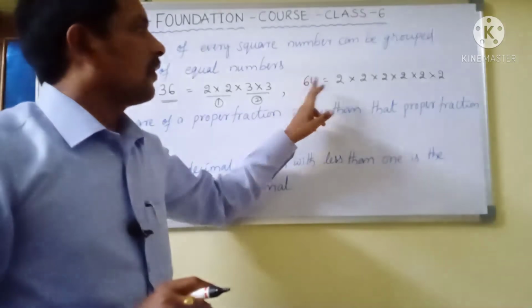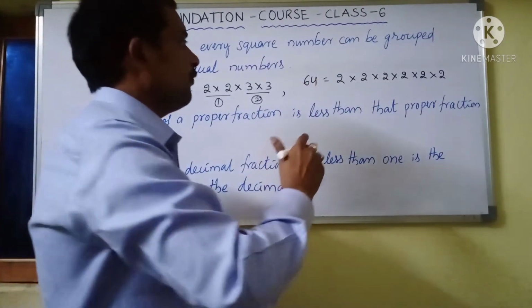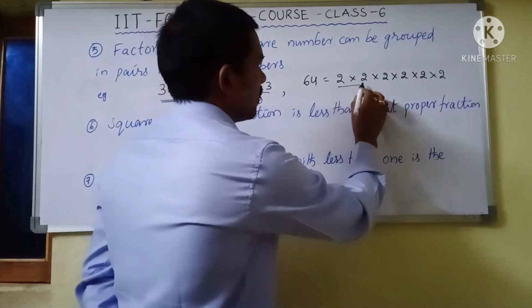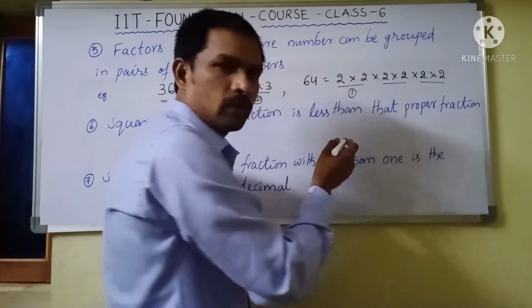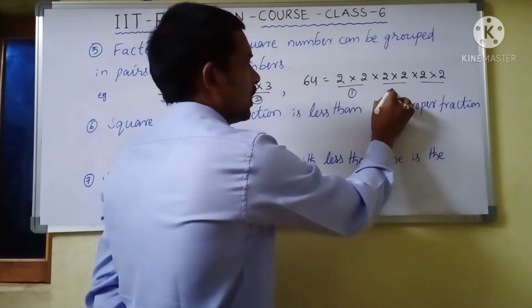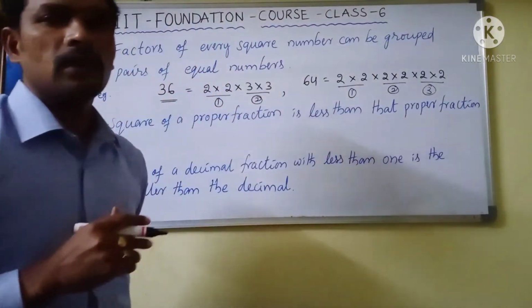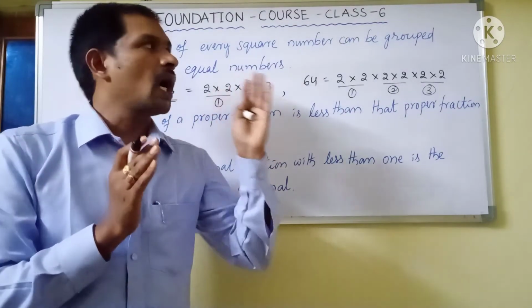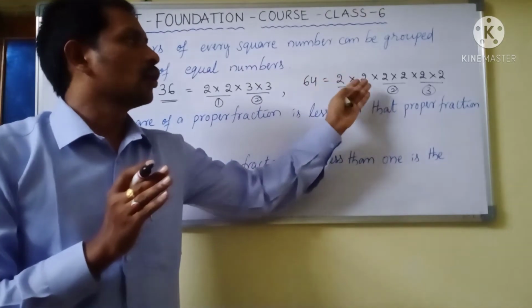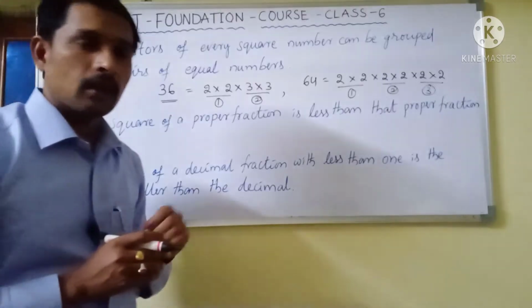So these are the factors of the perfect square number 64. If you observe all the factors, 1 pair, 2 pairs and 3 pairs. 2 and 2, this is one pair. Again 2 and 2, this is the second pair. Again 2 and 2, this is the third pair. So what do we mean? Factors of perfect squares always form a group of pairs. So this is property number 5.